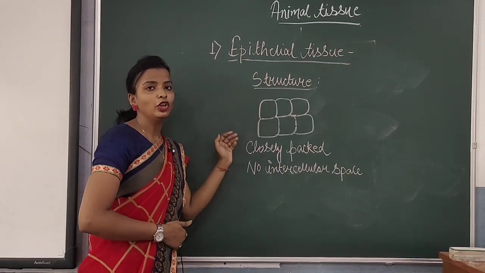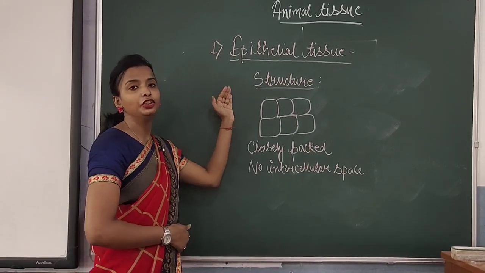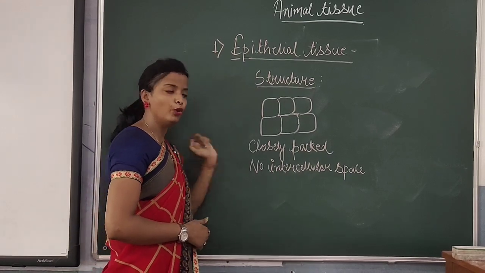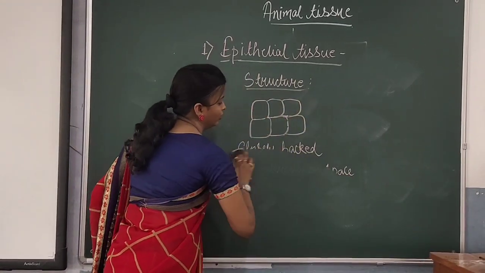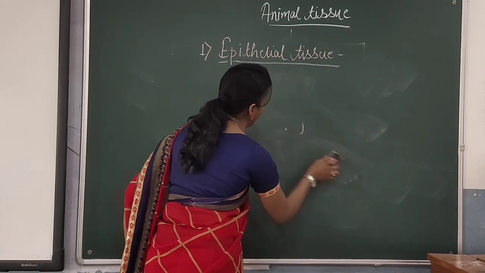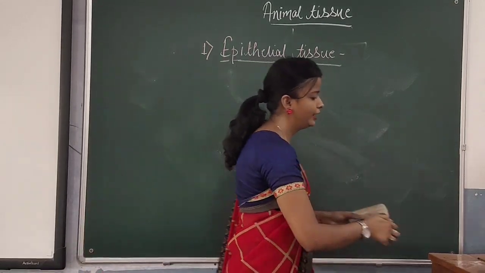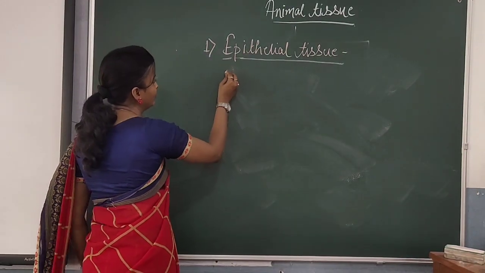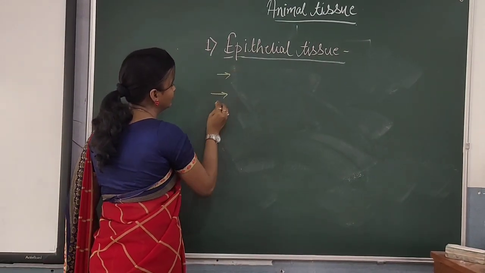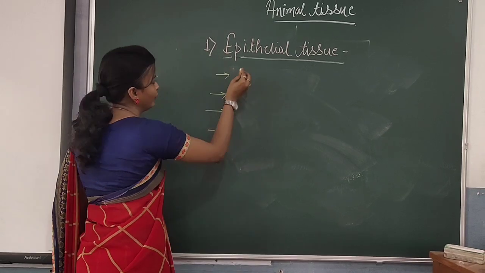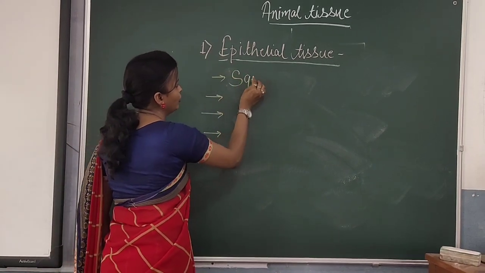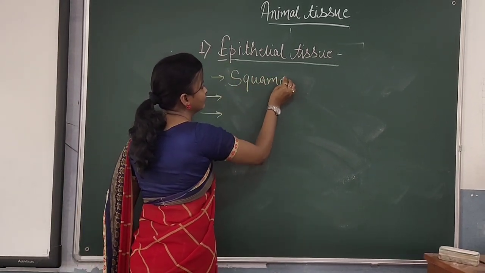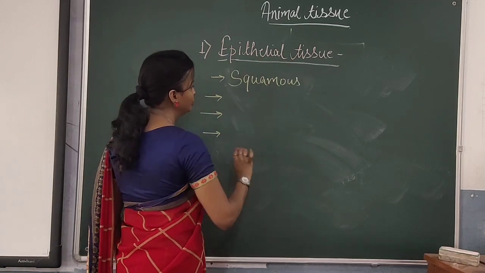Now when we talk about the division, epithelial tissue is again divided into 4 more types. When we talk about the types of epithelial tissue, it is of 4 types. First one will be squamous epithelial tissue.